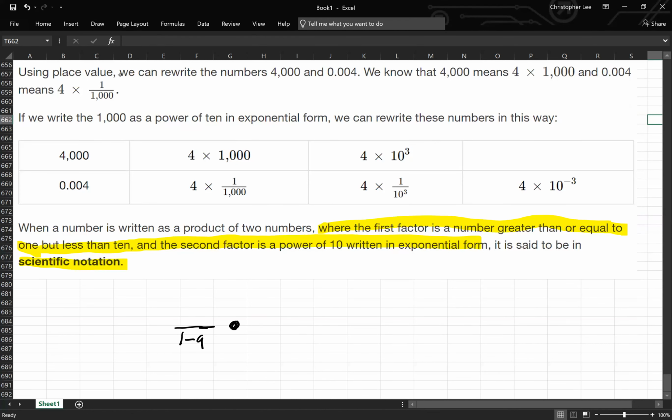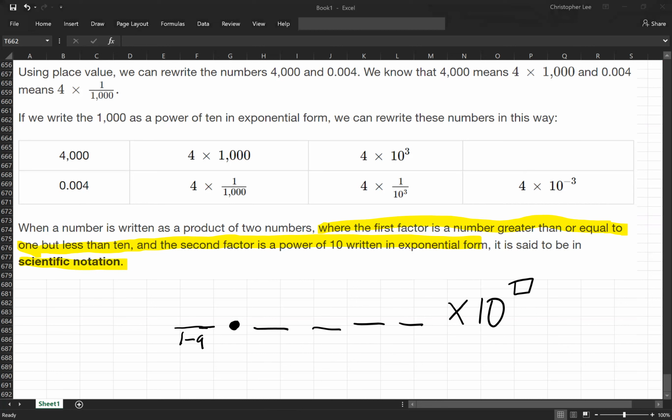There's going to be a decimal here, however many other numbers want to come after that, times 10 to some power that's going to be here. That power could be positive or negative. Positive meaning that it's a bigger number, negative is a smaller number. And that's it. This is something that you're going to see in your science classes a lot.